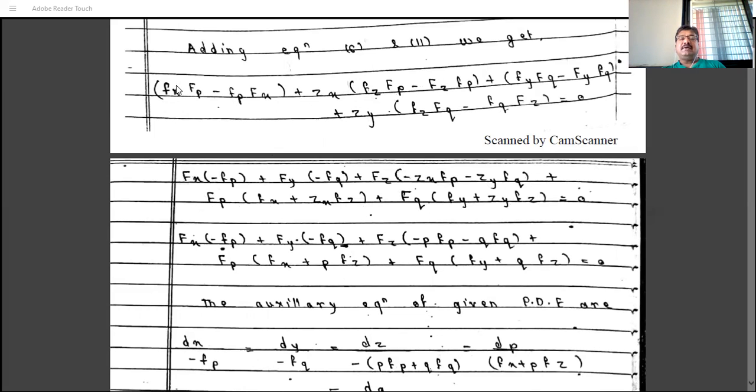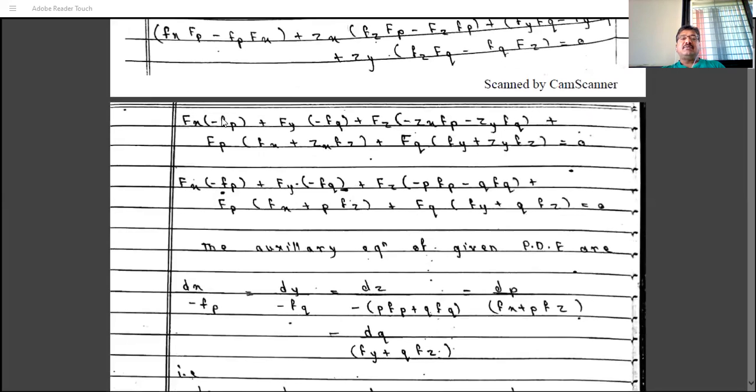So this is the term fx plus zx into fz, this term, and then capital F suffix q, the terms are this fy plus zy fz, this term is equal to 0.